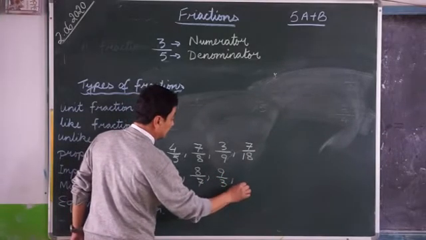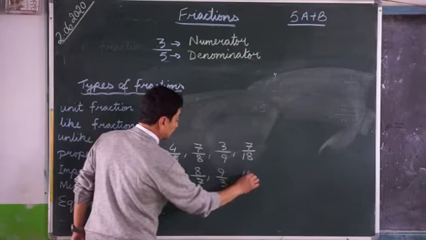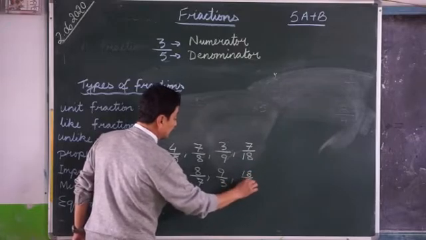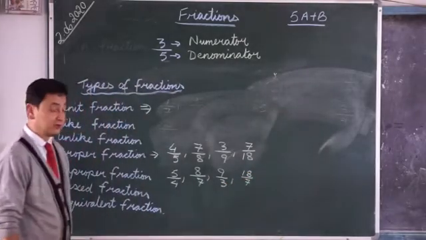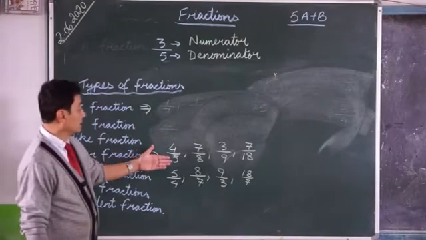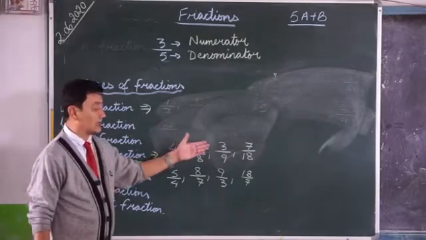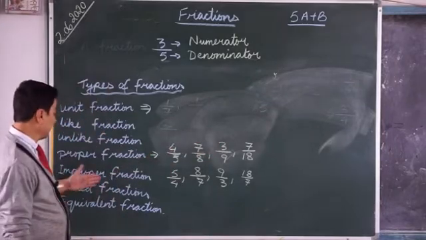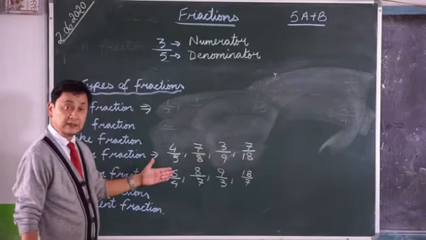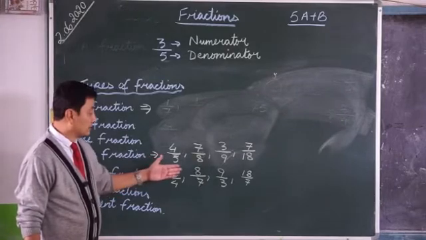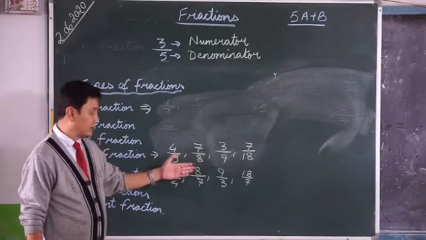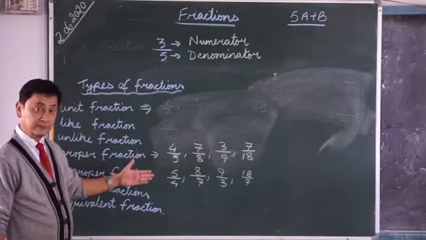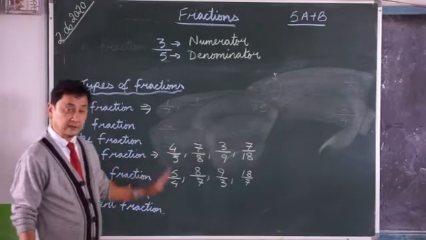We have 7 upon 18, 18 upon 7. I have used the same numbers just to show you the difference. Here, all the numerators are small. Here, in improper fraction, all the numerators are bigger. Okay? Did you understand that?